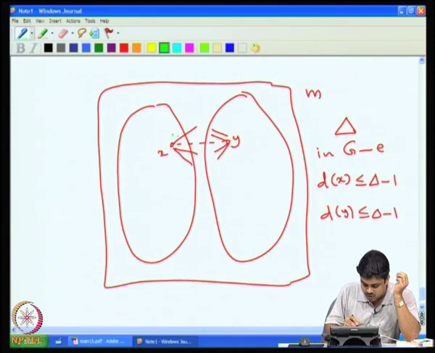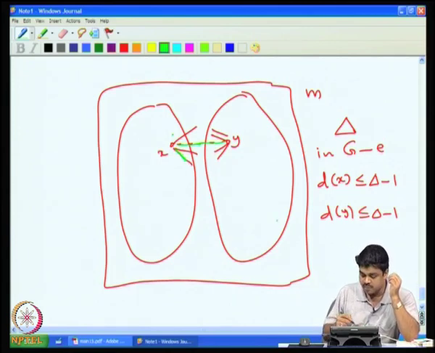Where does the conflict arise? So for instance, when I try to give a green color to this, what will be preventing me from giving green color to this is if some green color is already here with respect to our coloring we got by induction, right? So this may be possible. But we know that only delta minus 1 edges are at each endpoint after this removal. So, one extra color is available.